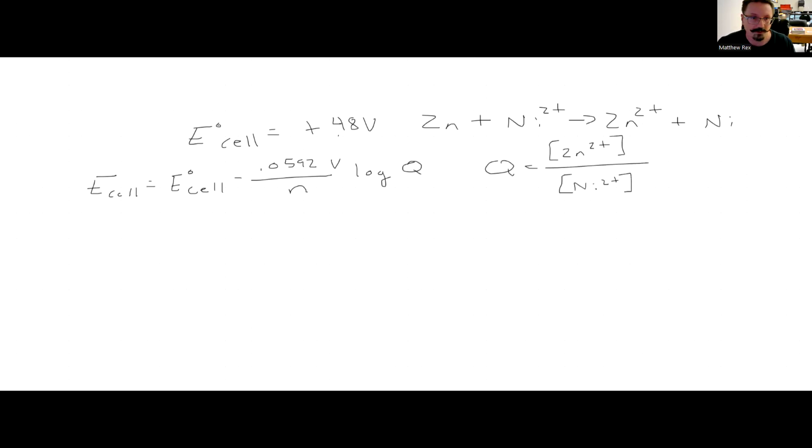So I've got E cell standard 0.48 volts minus. N should be 2, the number of electrons being transferred from the nickel and the zinc. Zinc's going from 0 to +2, so it's losing 2. Nickel's going from +2 to 0, so it's gaining 2. So I'd have 0.0592 divided by 2, which is going to give me 0.0296. And then the log of, in this case, 0.01 over 3.5, the two concentrations that were given there.